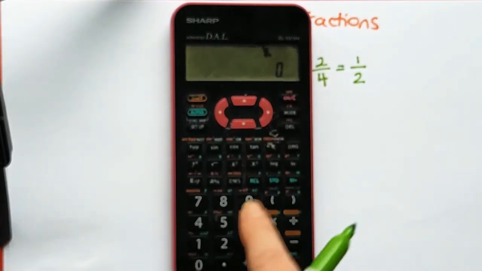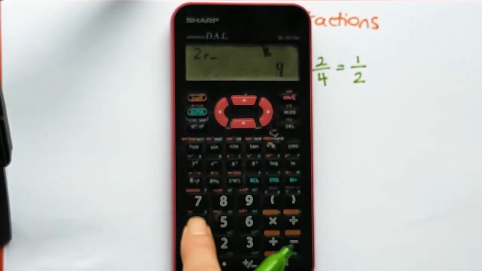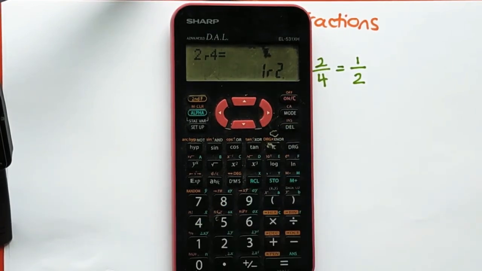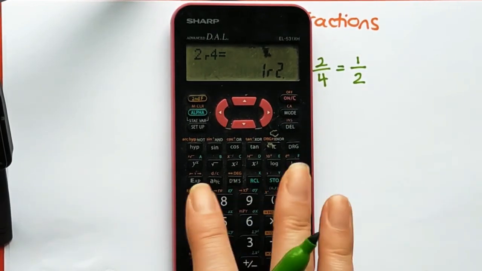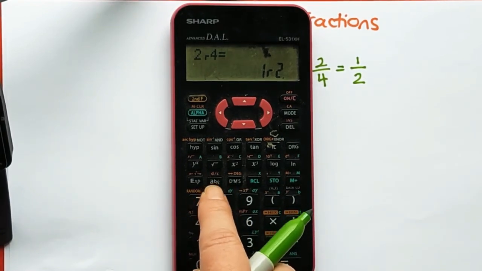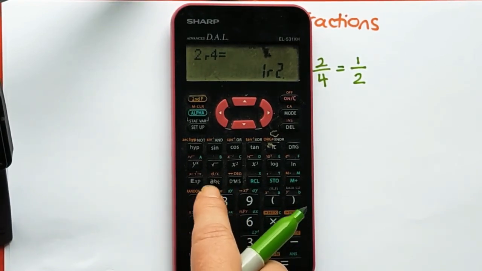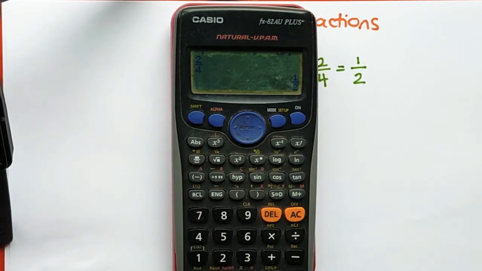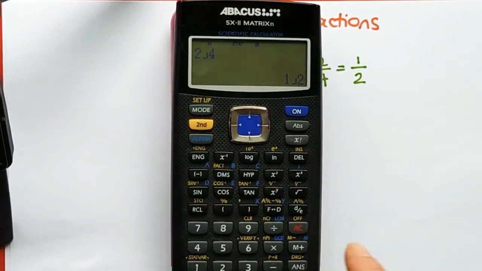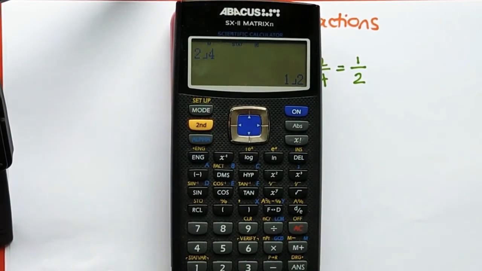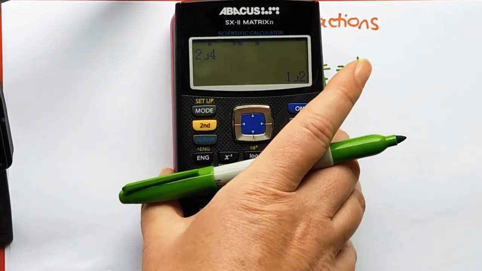We should do the one we're doing. 2, fraction key 4, press equals, and it gives it to me as a half. So it doesn't matter what calculator you've got, you just need to look for the fraction key, which is either going to be an ABC key, it may be a boxes key, or it may be a D/E key. But that's your fraction key that you're looking for, and that's what we're going to do today.